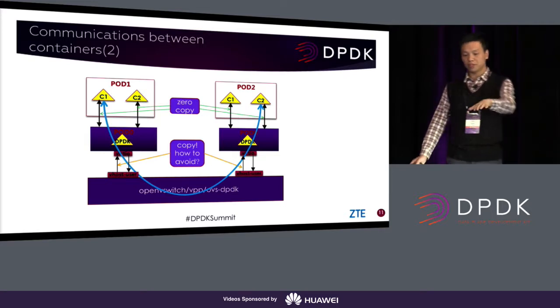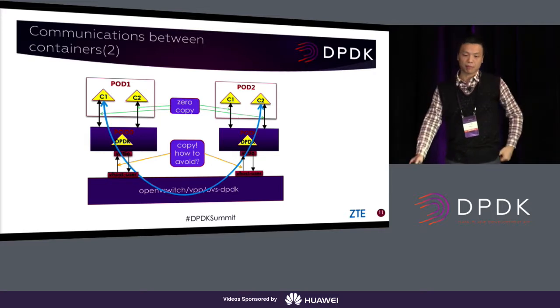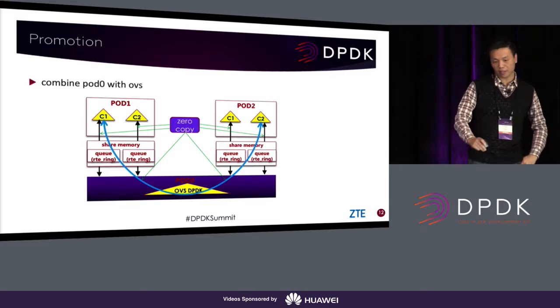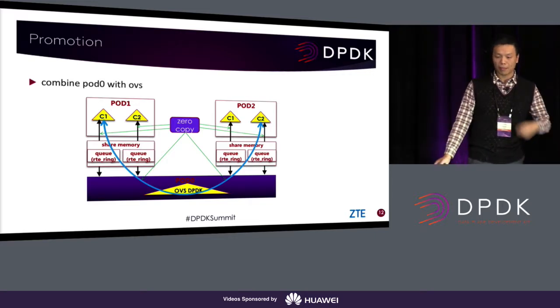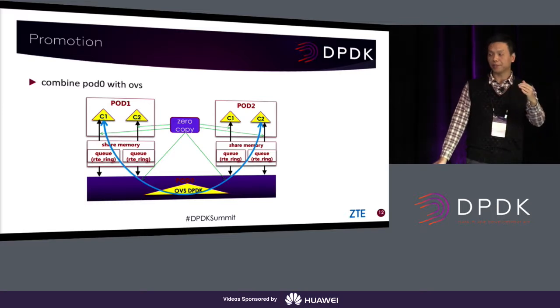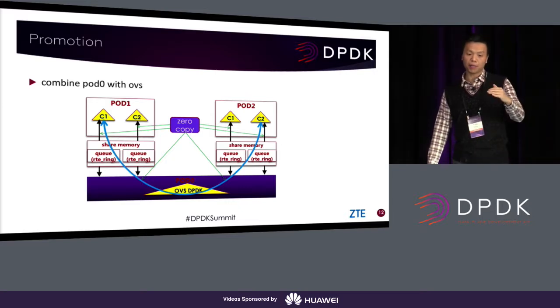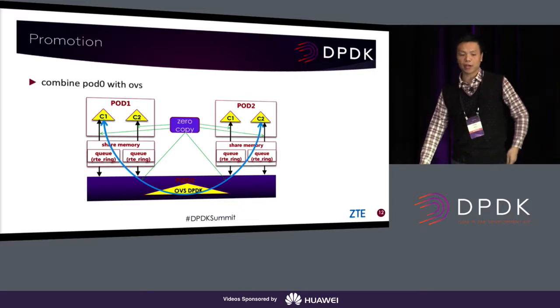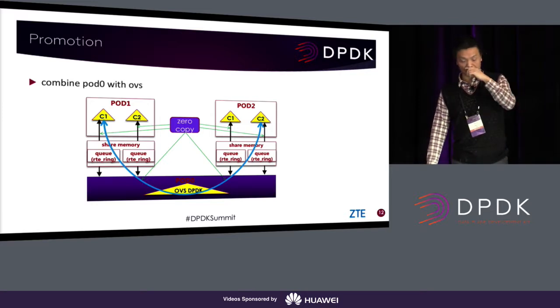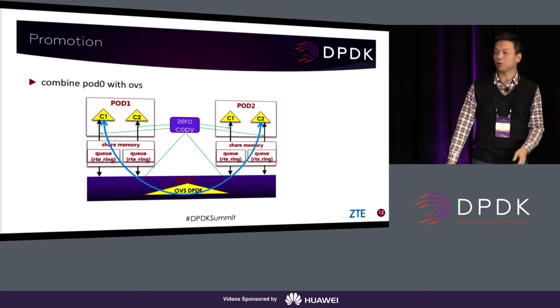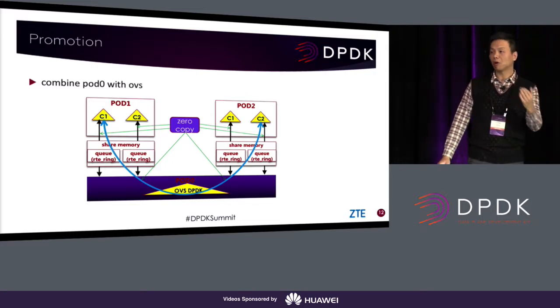And how do we avoid this situation? We combine port 0 and OVS. We use OVS DPDK, maybe in the host. And for the communication between VMs, we can achieve zero copy. So all the communications between all the containers will achieve packet zero copy.